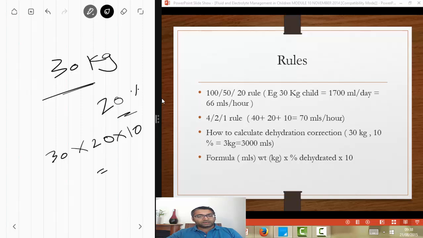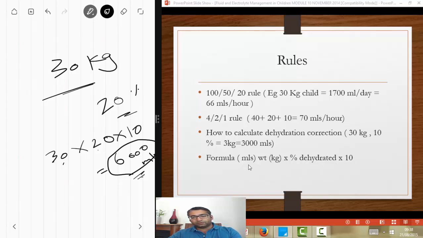So that will be your deficit in mls. So that's 30 times 20, that's 600, 6000 mls. Which is what you would get if you went by what we discussed earlier as well, right?